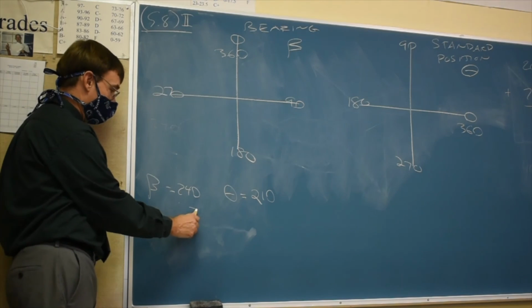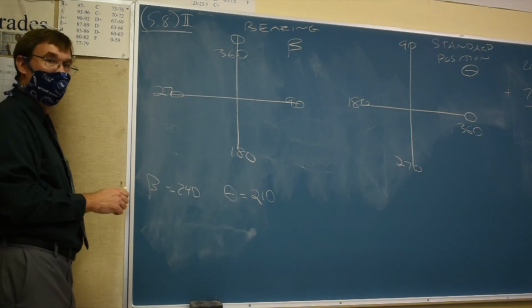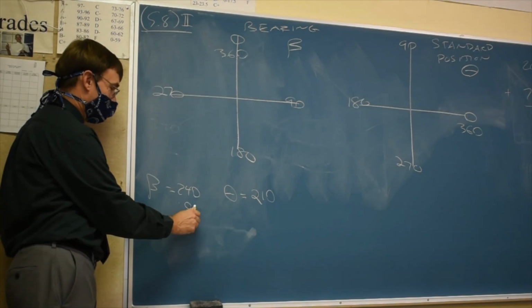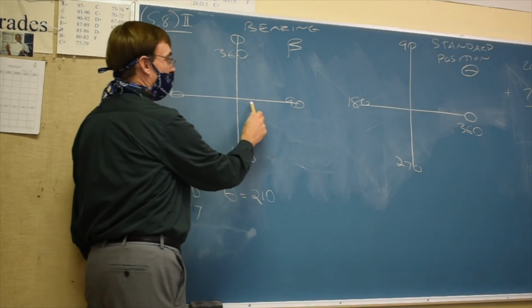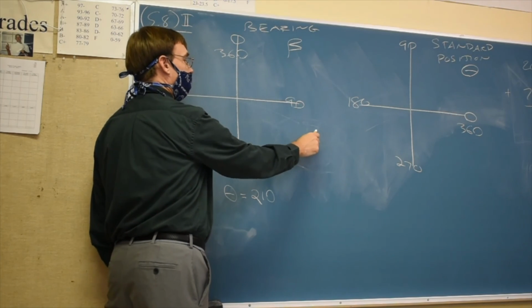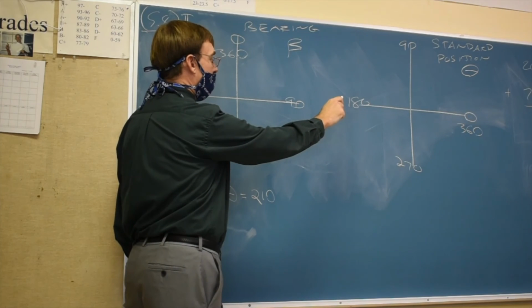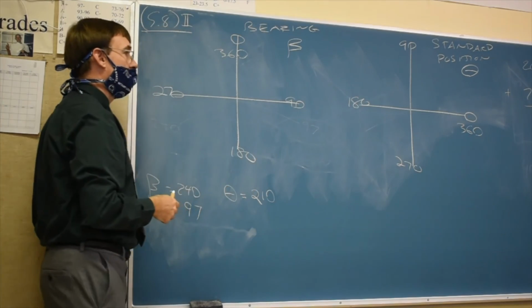7. Let's go bigger than 90 for now, and then we'll double back. I'll use the 7. 97. So if we imagine a 97 in bearing world, imagine being in the same position over there in standard position world.